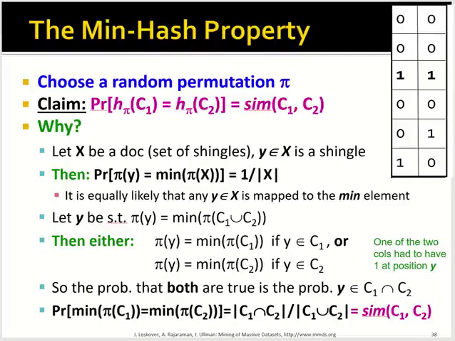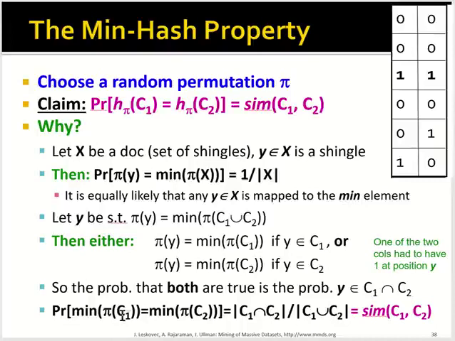So with this probability that both are true, if the y belongs to the C1 intersection with C2.